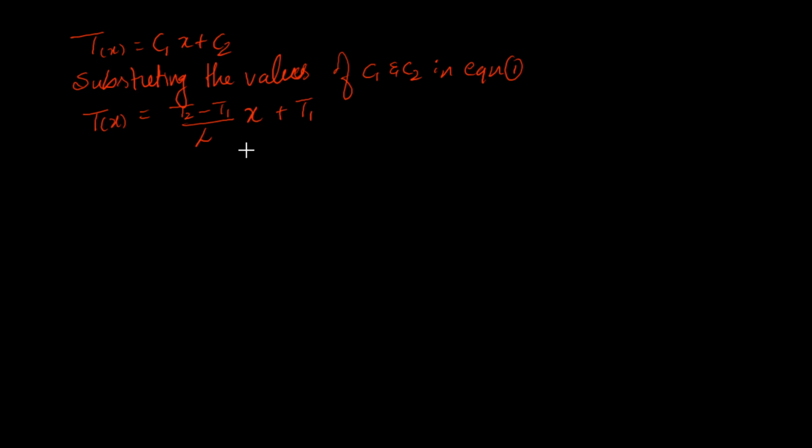So this is the temperature distribution equation in Cartesian coordinate for one-dimensional steady state heat conduction.